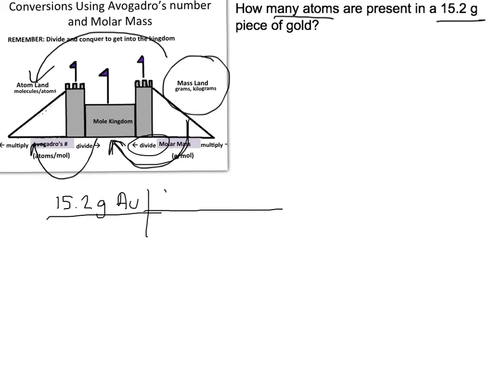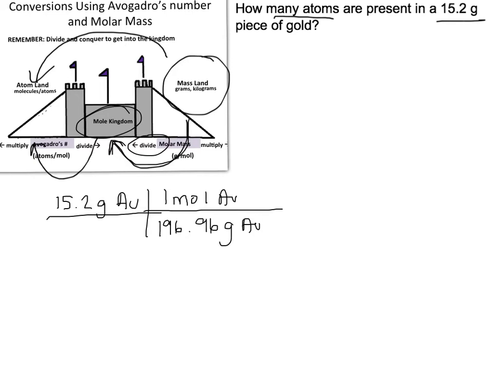So I'm going to have 1 mole of AU up here, and I'm going to have the molar mass of gold, which off the periodic table is 196.96 grams of AU. Okay, and this conversion alone, if I were to just do this calculation out, I would end up with just moles.